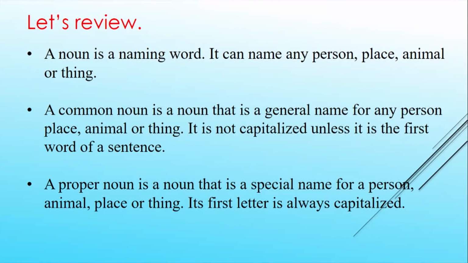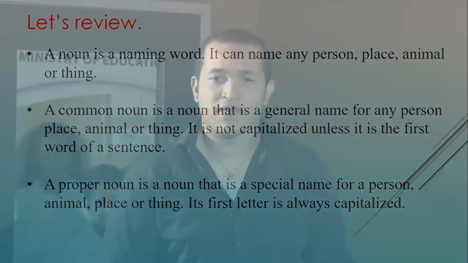You even have things being common. So you have an eraser, but on your eraser will have a name that tells you the brand of that eraser, and that will be the proper version. So we have proper nouns being specific names to person, places, animals, or thing. So that's where the James and the Rex, the dog, and the Bonbon, right? That's where those kinds of things come in.